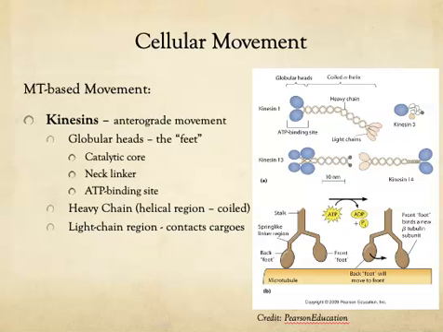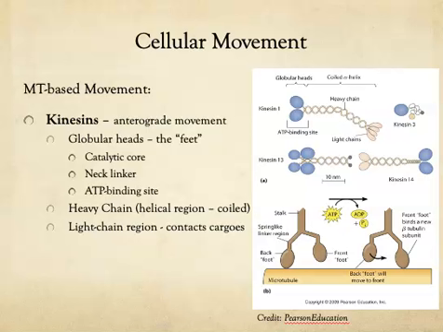Now, when we look at those globular heads, we can talk about some regions within those heads that we need to be familiar with in order to understand how these proteins are capable of movement. These heads have what's called a catalytic core inside of them.